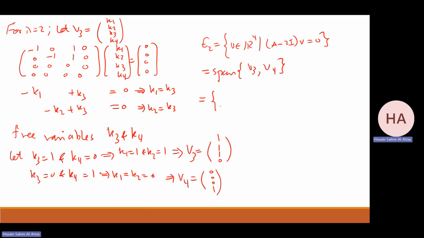Also, I can rewrite it as alpha V3 plus beta V4, where alpha and beta are real numbers. So I have two dimensions and the bases will be V3 and V4.